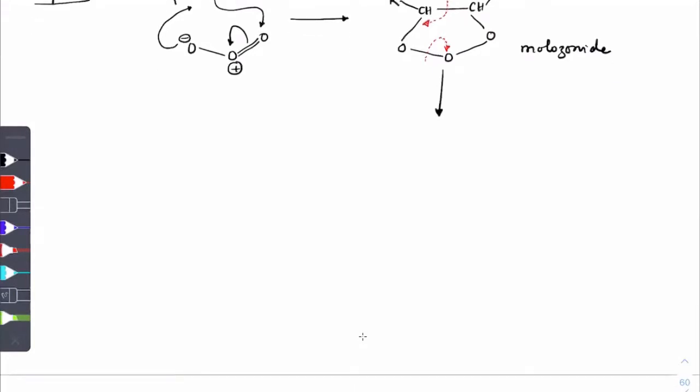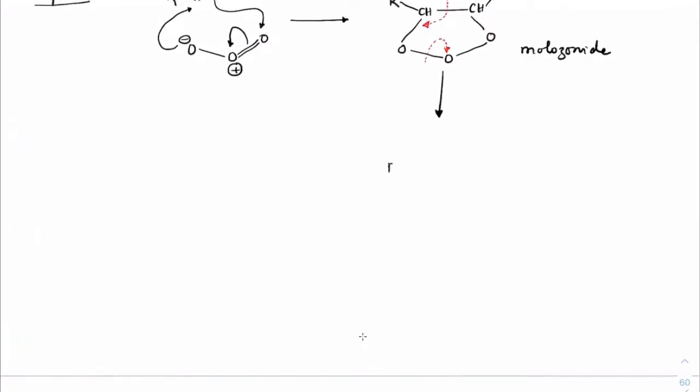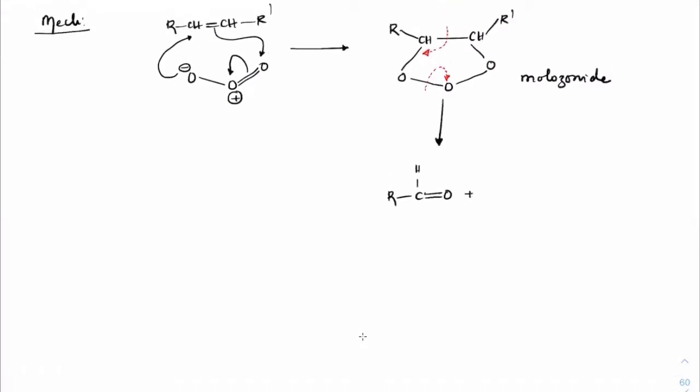So what do we have here? We will get the product as R, CH, double bond O here, plus we will have this as R dash, CH, O and O minus. Basically here this carbon got a positive charge, right?